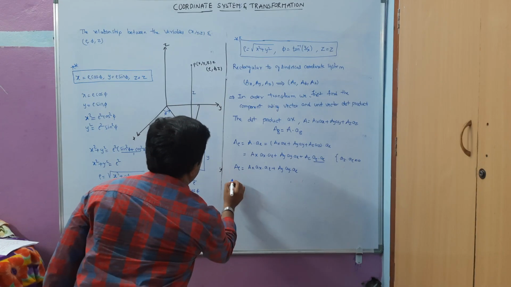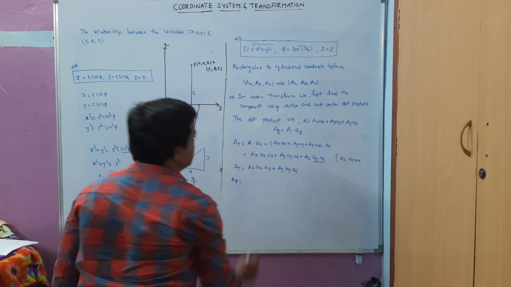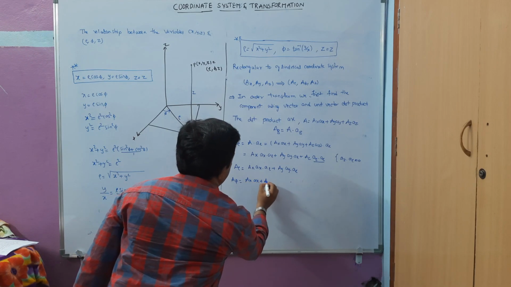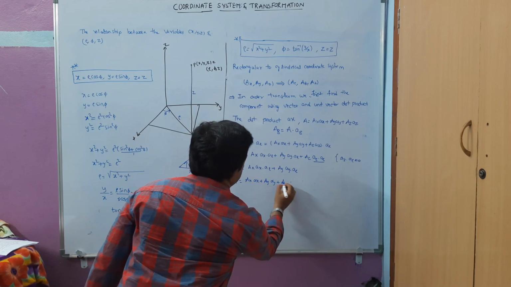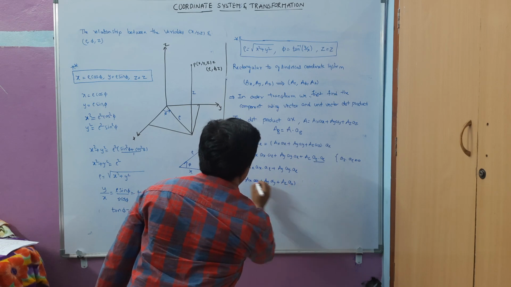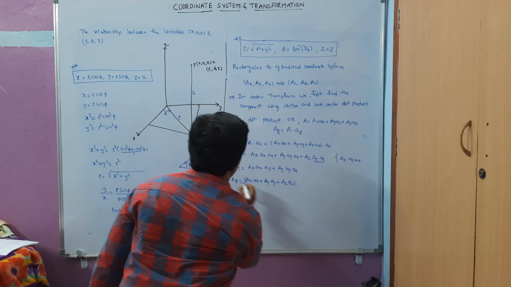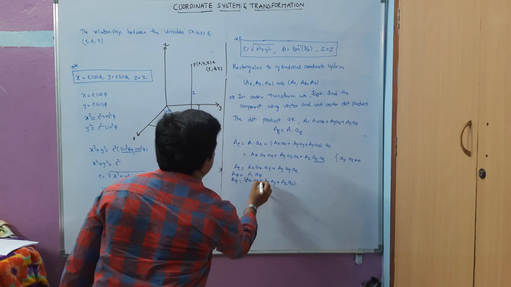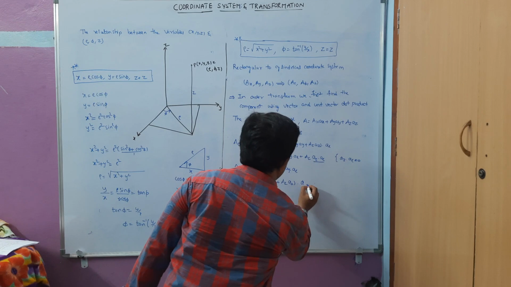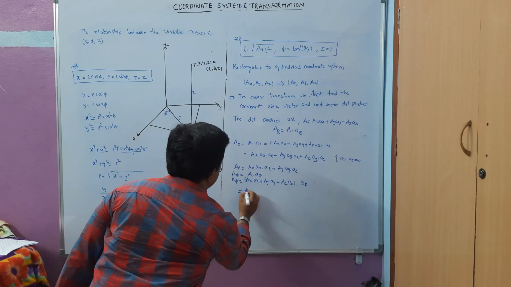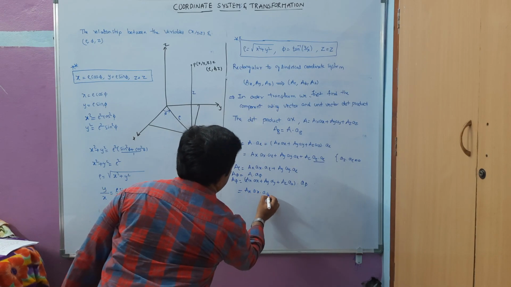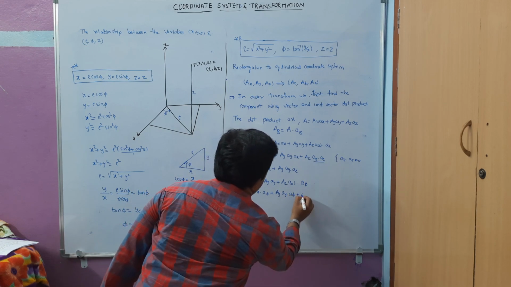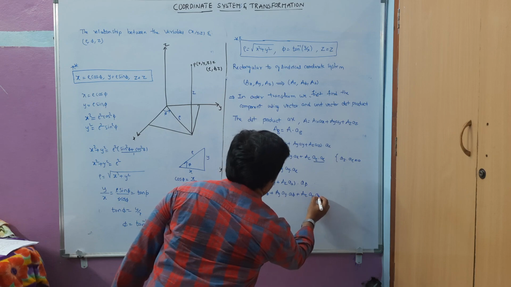Now similarly I have to get a phi also. I write another equation, a phi is equal to A dot a phi. So what I get here is ax into ax dot a phi plus ay into ay dot a phi plus az into az dot a phi.